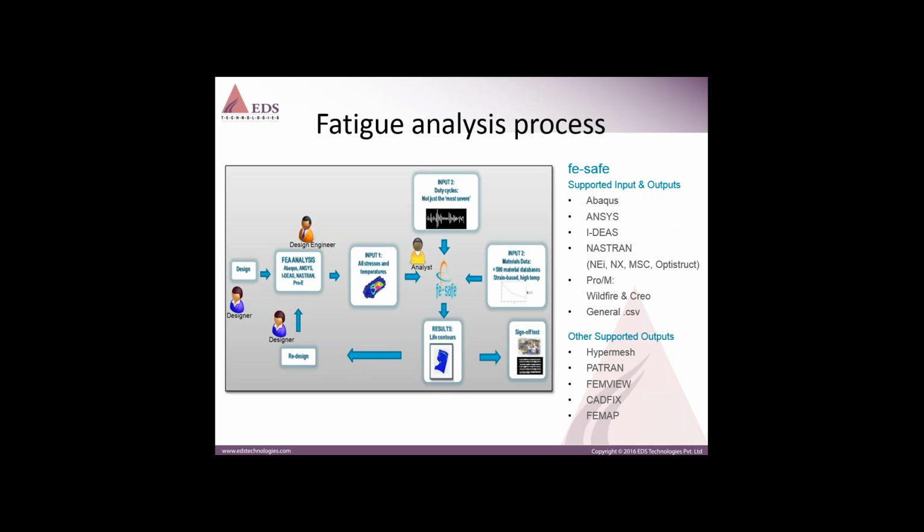So FE-SAFE needs all these three key inputs, and when it comes to material data, it has nearly 500 materials in its database. You need not search for any fatigue material properties outside your analysis domain. FE-SAFE has a built-in material database.